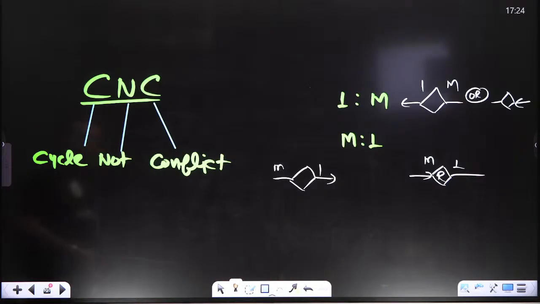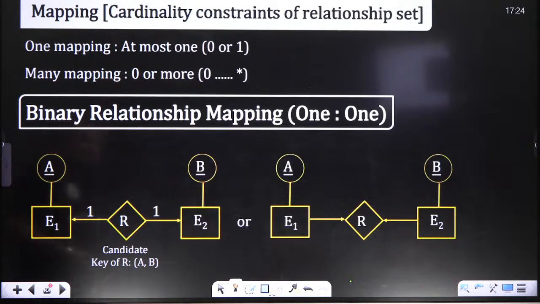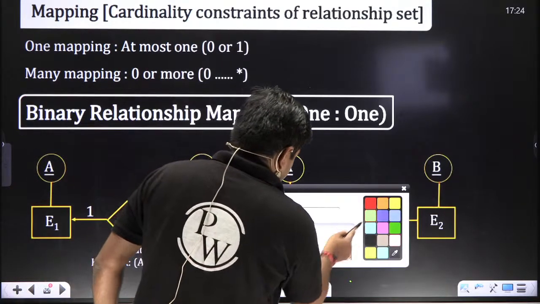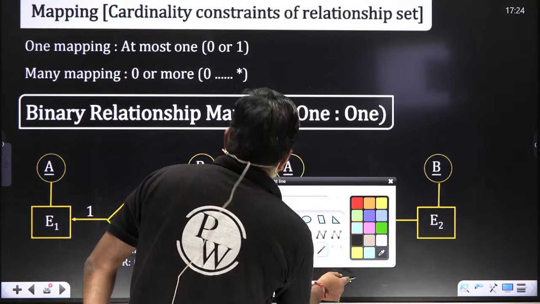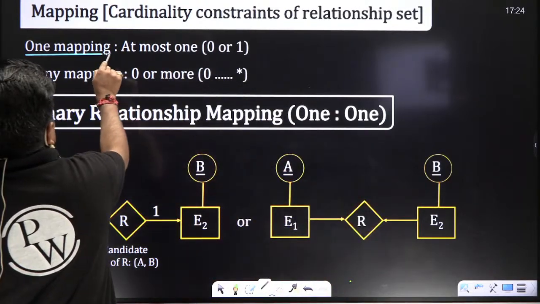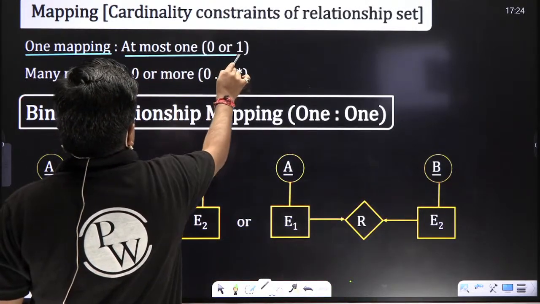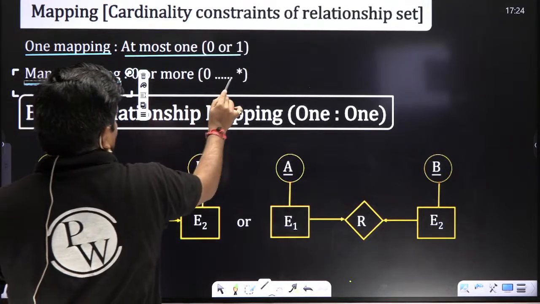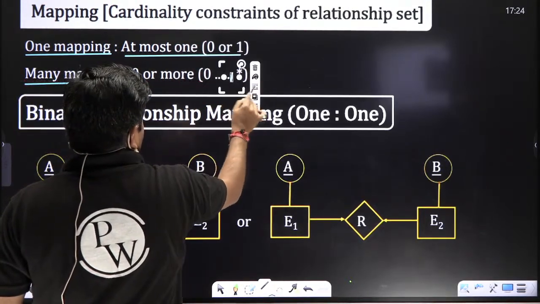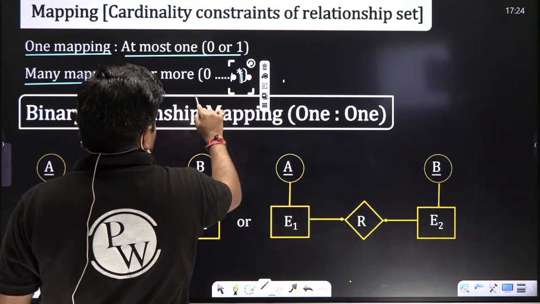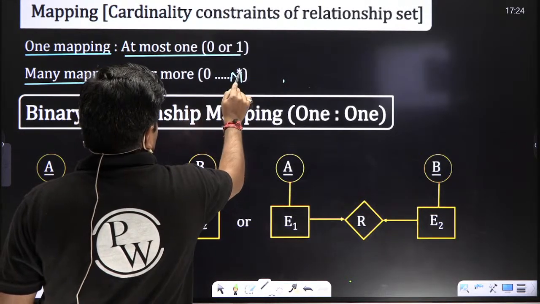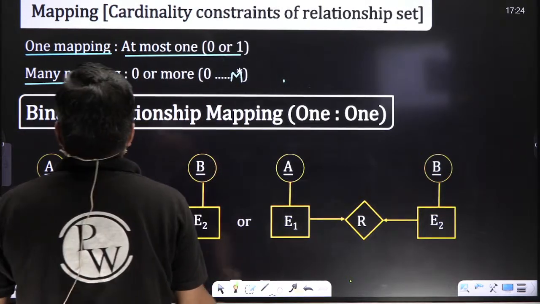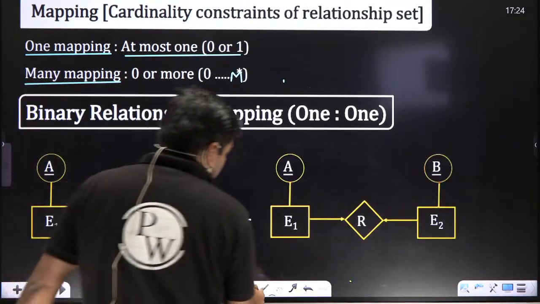Okay? Now, listen carefully. One mapping means at most 0 or 1, or many means 0 or many, M. Binary relationship, this is one to one.